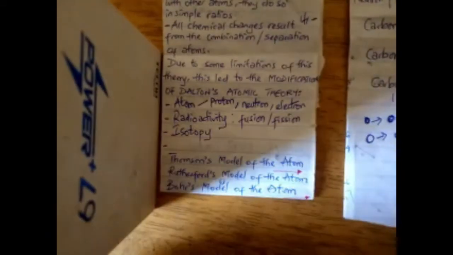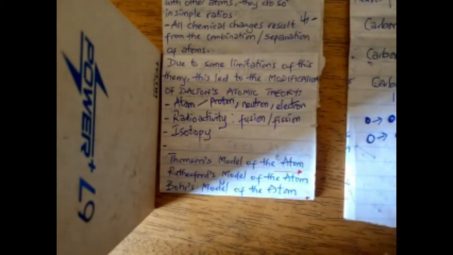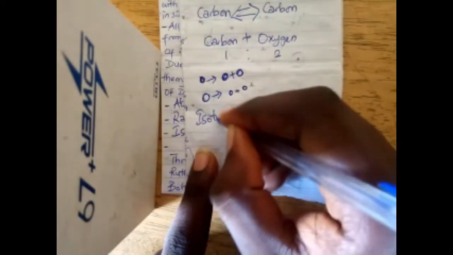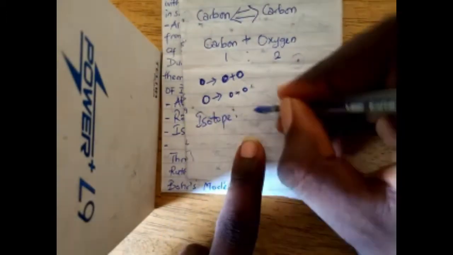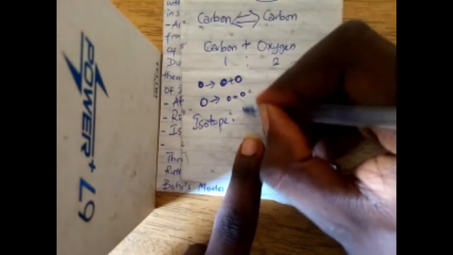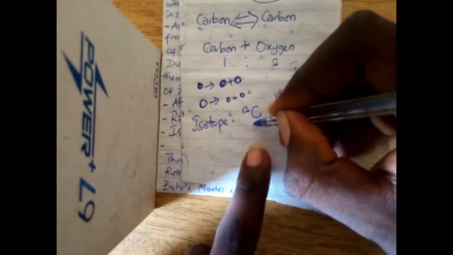Isotopes are different atoms of the same element which exhibit different properties. Simply put, when we talk about isotopes, you have carbon and you have another carbon. There are two main isotopes of carbon, carbon 12 and carbon 14.